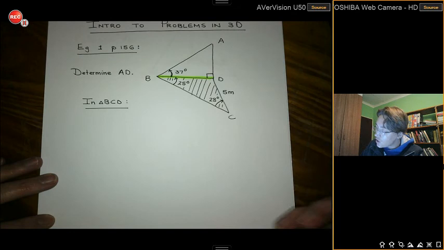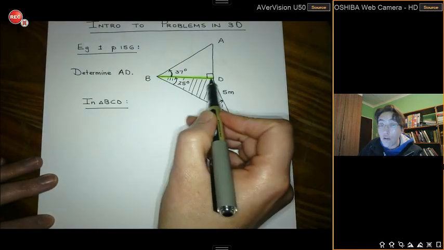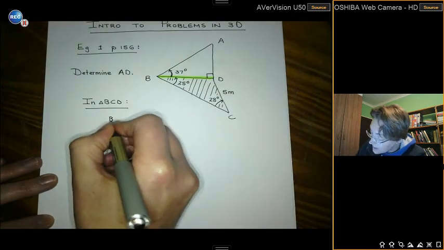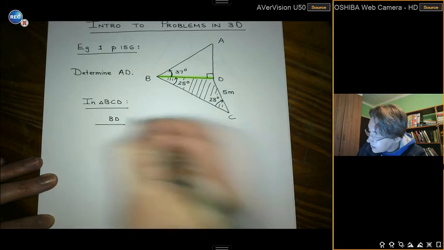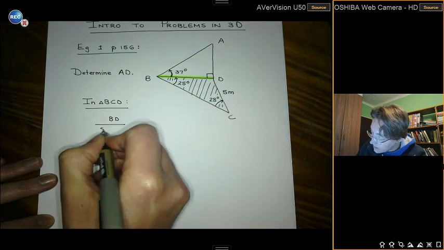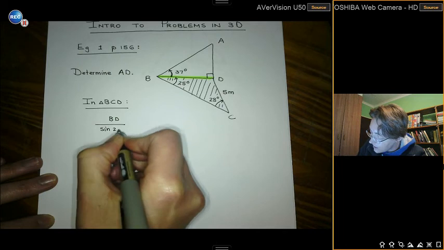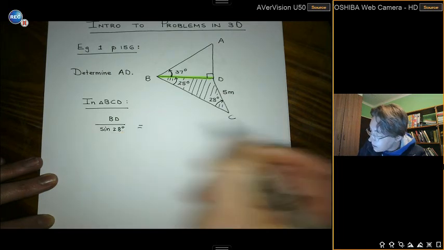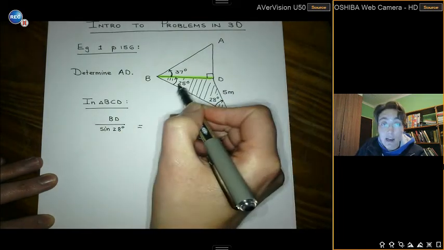So in this particular triangle, we're going to say we want to calculate the overlap, which is BD. So we're going to say side BD over the sine of 28 degrees, which is obviously the opposite angle, is going to be equal to 5 over the sine of 25 degrees.